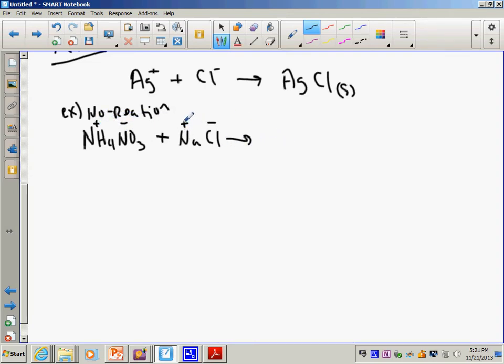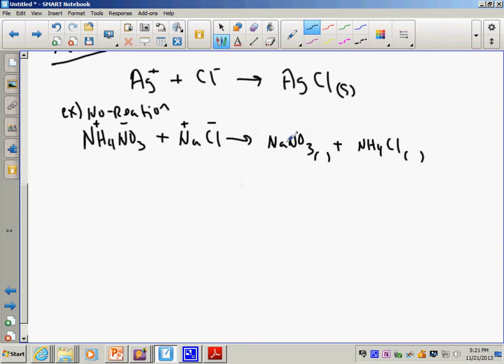I'll put my different combinations of ions, which have different solubilities. So I'll just predict what I could possibly have. This cation, that anion: NaNO3. And I have ammonium chloride, NH4Cl. In this case, just because I wrote them on paper doesn't mean they're going to fall out of the beaker.